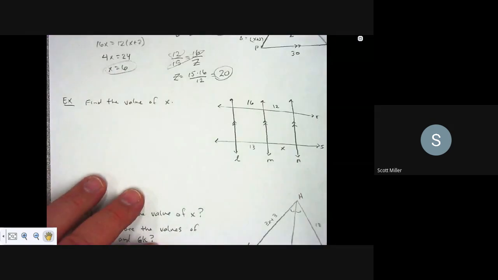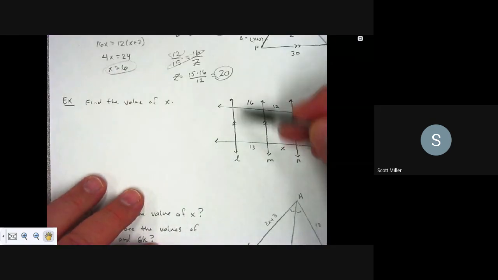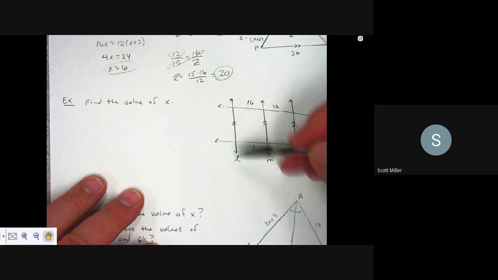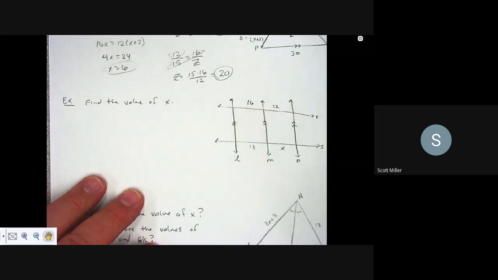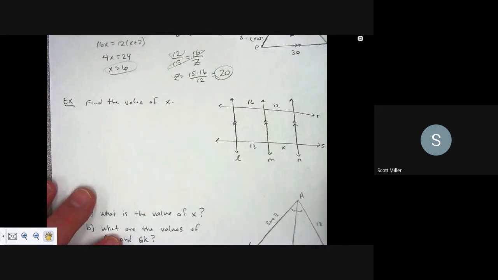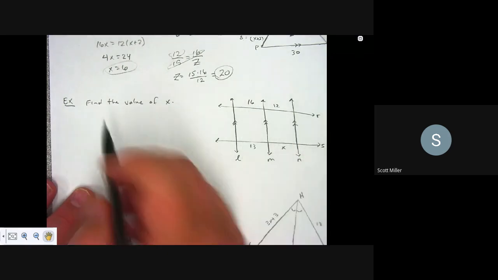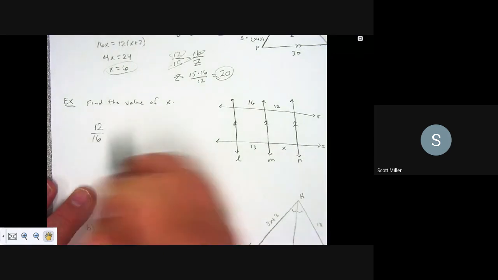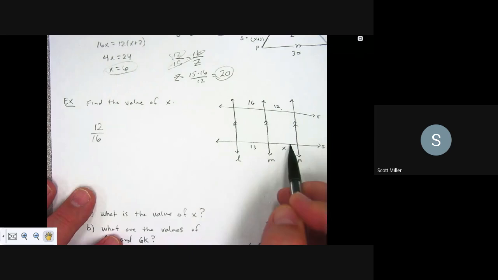Okay, so here I have the parallel lines. You've got to make sure you have the parallel lines and the two transversals. Then the pieces that have been cut are proportional. So you just need to set it up in your proportional format. Okay, you can go 12 over 16. So I went here to here, so then I have to go here to here.